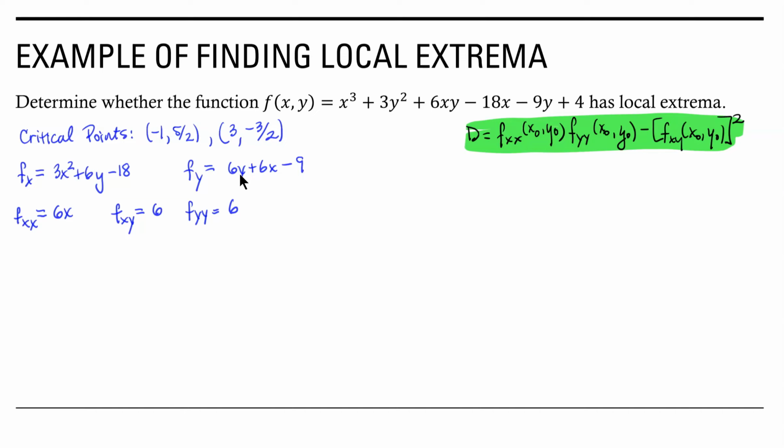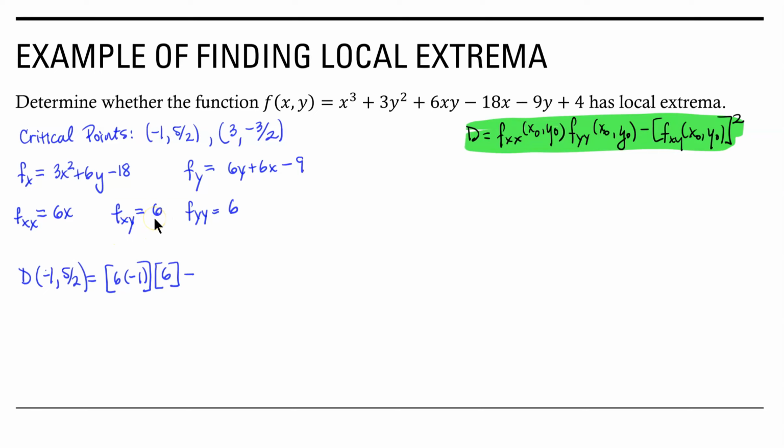So now we have our two critical points, so let's first find D when we use the critical point (-1, 5/2). So that's going to be f sub xx, so 6 times, I pull my x value in, so 6 times -1, times f sub yy. Notice there's no variable there, so I will just write the constant 6, minus f sub xy.